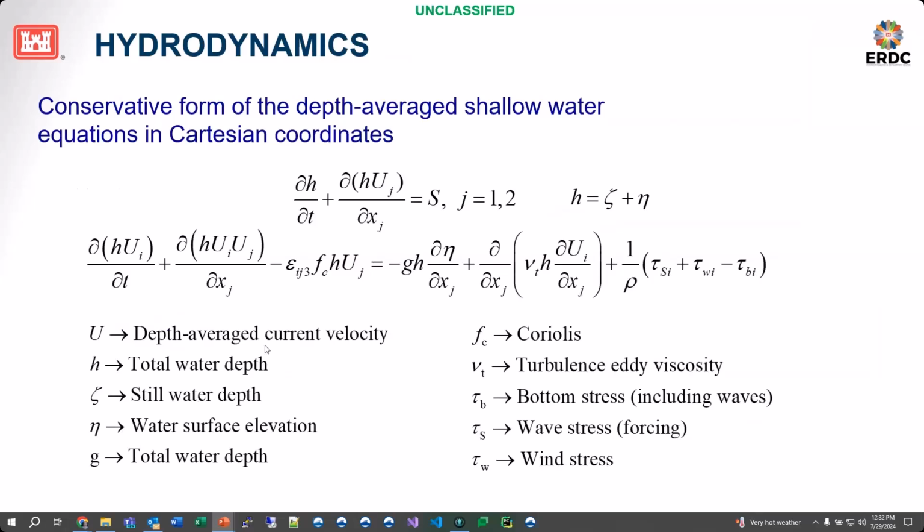Some of the hydrodynamics, I'm not going to get into all the equations, but just know that we do have capabilities for lots of different processes that are going on. We handle Coriolis, bottom stresses, wind, different types of stresses here, water surface elevation, velocity, eddy viscosity. We include a lot of terms here in the calculations.